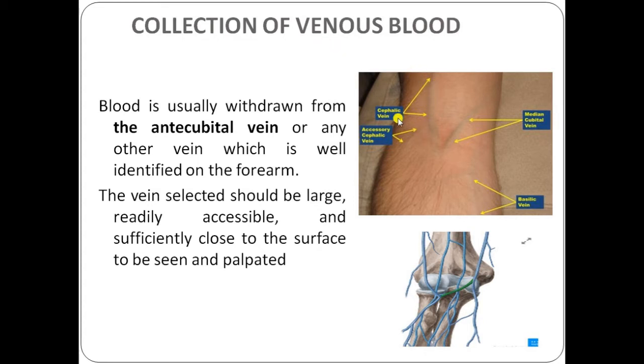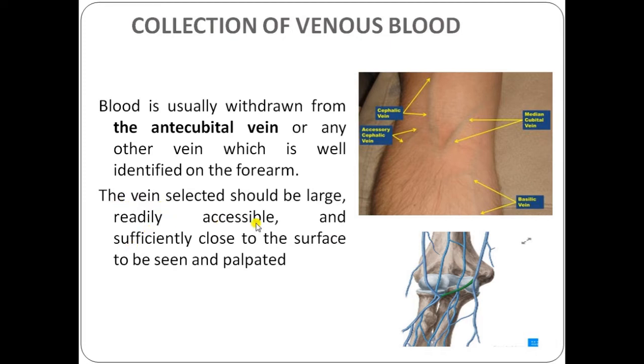In this picture you can see there are three veins. This one is the cephalic vein, this one is the median cubital vein, and this one is the basilic vein. Any of these three veins can be used for collection of venous blood, but the median cubital vein is preferred. This vein is also known as the antecubital vein because it is present in the antecubital fossa.